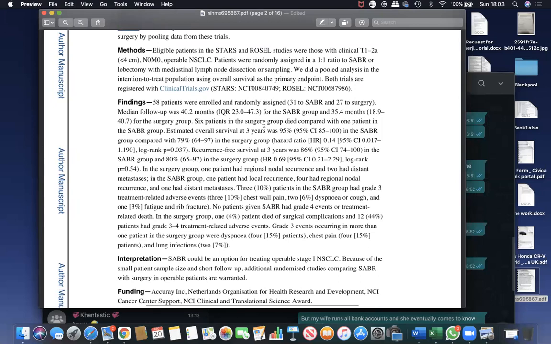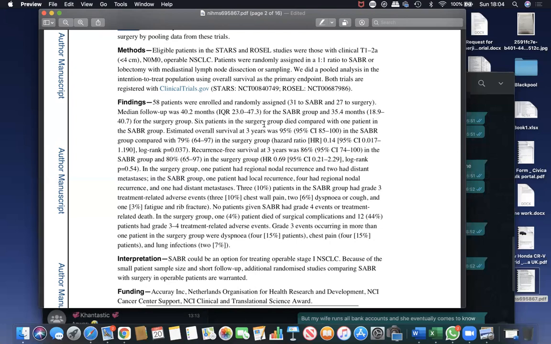I'll tell you what the explanation is. Sir, there might be a discrepancy between the full forms of these two studies. No, they're not twisted. They are honest people. Why do you think they use the words STARS and ROSEL without giving you the full form? Word count. Okay.